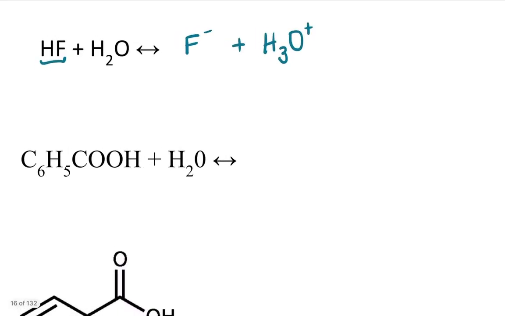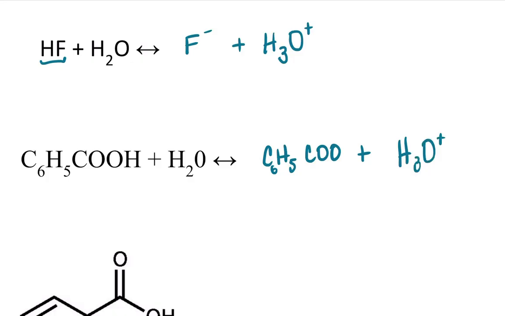When I look at this carboxylic acid in the presence of water, I'm going to have this C6H5COOH. This is going to be my acidic hydrogen, which is donated to the water molecule.